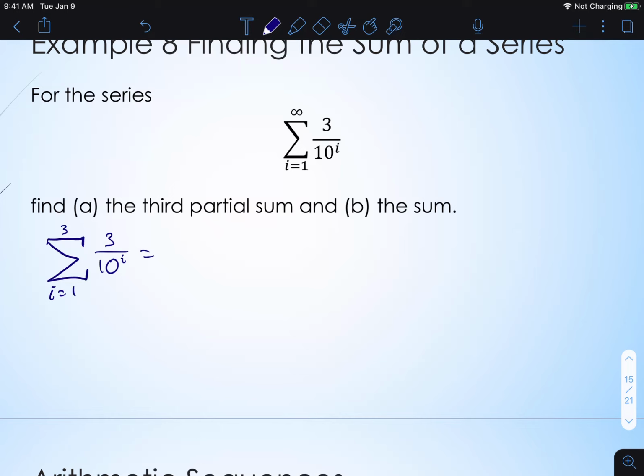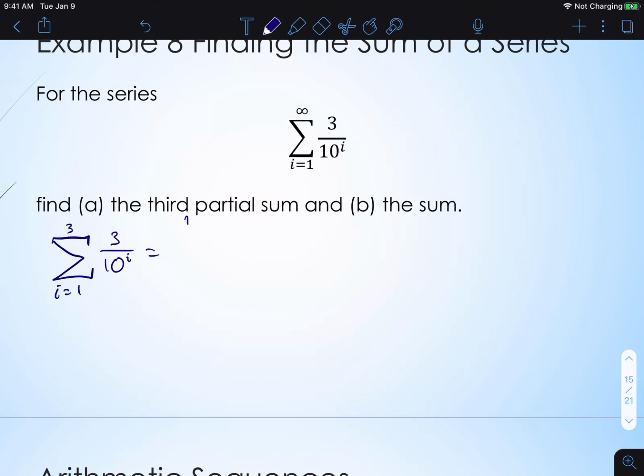The first term is going to be 3/10, which is 0.3. The second term is going to be 3 over 10 squared, which is 100, so that's going to be 0.03. The third term is going to be 0.003.